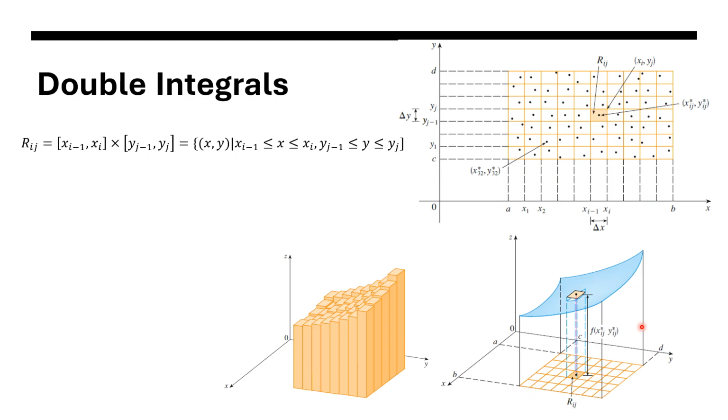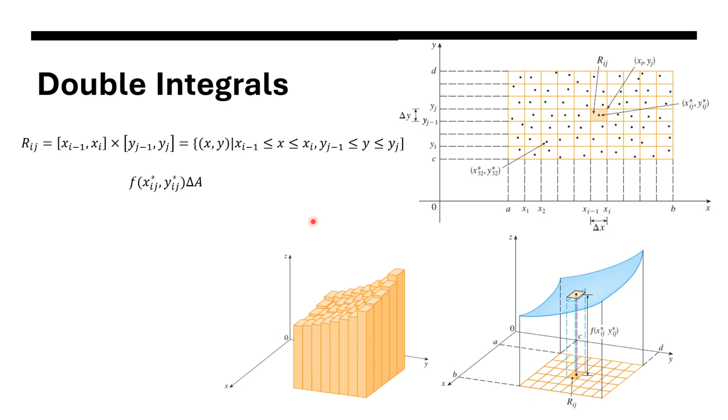So the volume of each box is the height of the box times the area of the base of the rectangle. If we represent that by an equation, you have f of x sub ij star, y sub ij star, the height, times the area of the base.